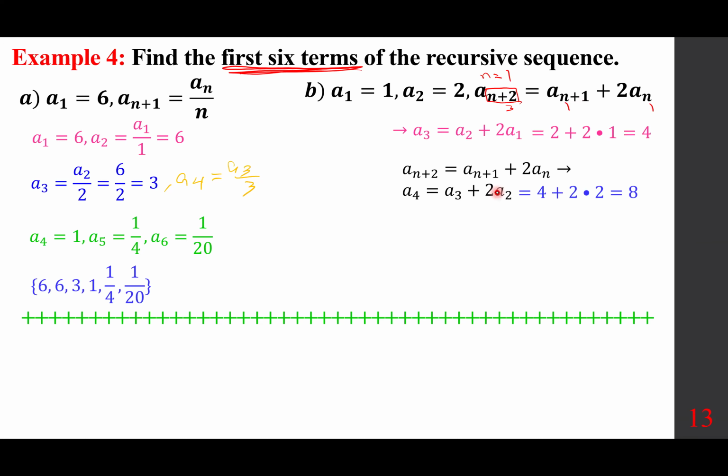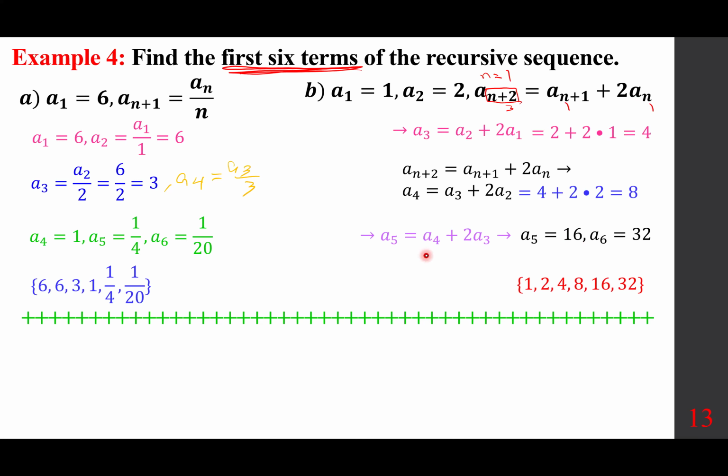Now let's do one more. If I want a sub 5, I need a sub 4 plus 2a sub 3. I know a sub 4 is 8, and I know a sub 3 is 4. 2 times 4, 8, and 8, they add up to 16, and the next one is 32, and we're going to write all of them.